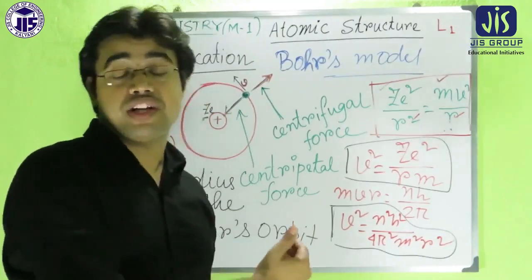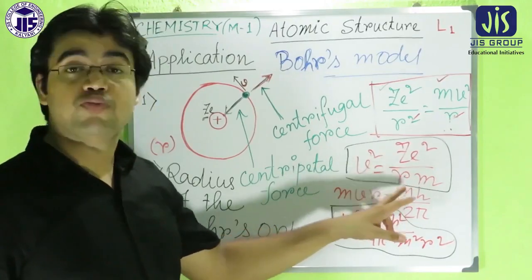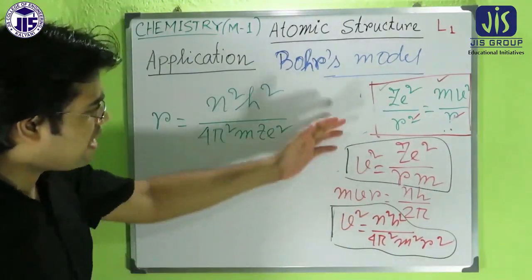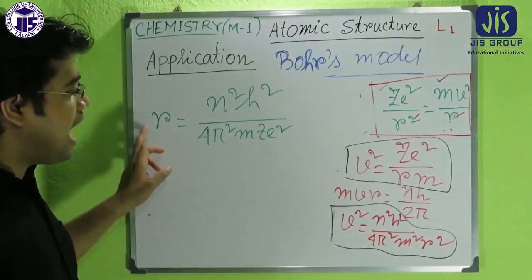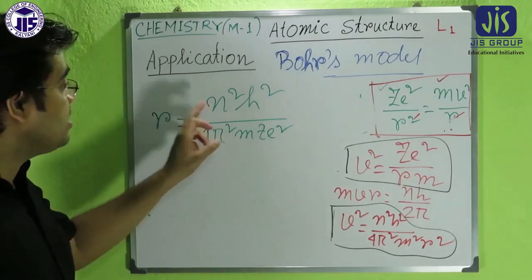So from those two equations we can write down the expression of the radius r, that means the radius of the Bohr orbit, meaning the nth orbit.